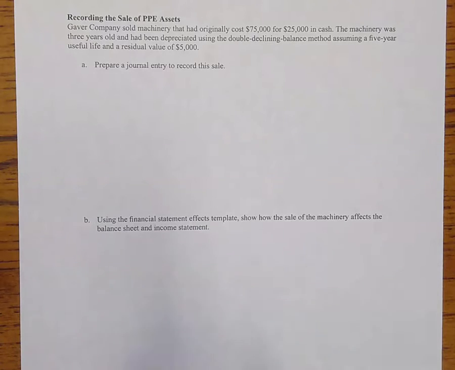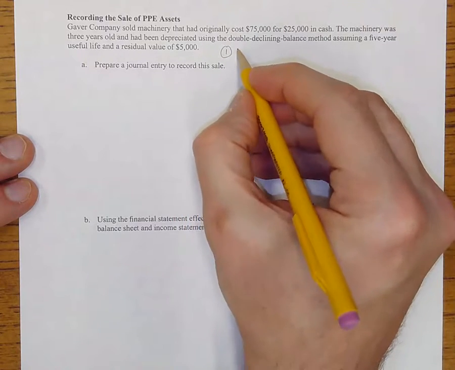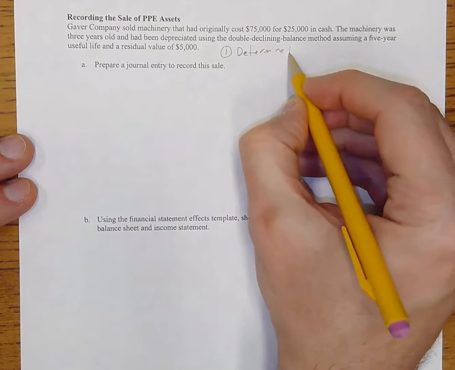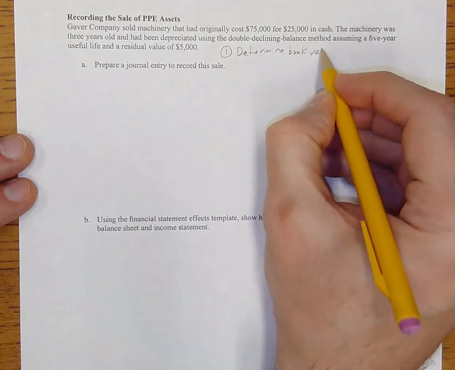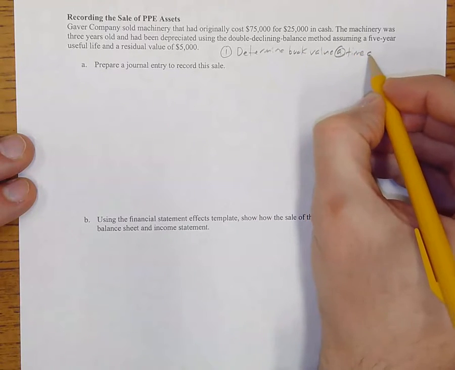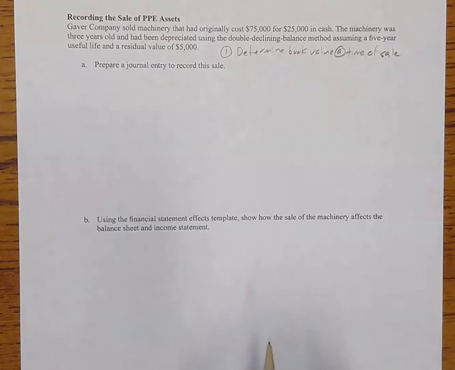So the first thing that we do, we'll just put a little 1 right there, is to determine book value at time of sale. Time of sale, time of disposition, time of disposal, these are all synonyms, okay? So we're going to have to do a little bit of work before we can actually make this journal entry.